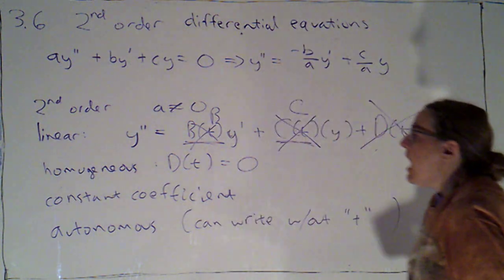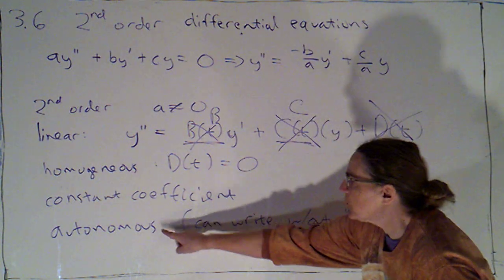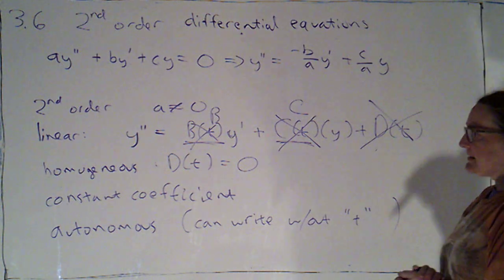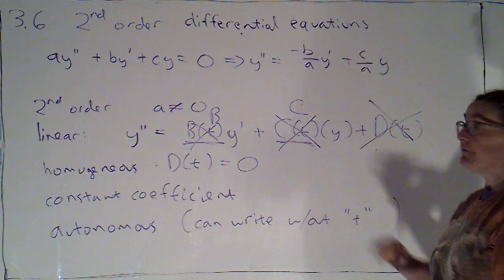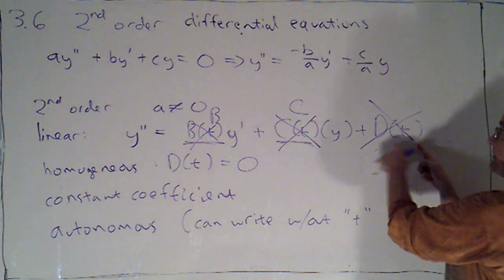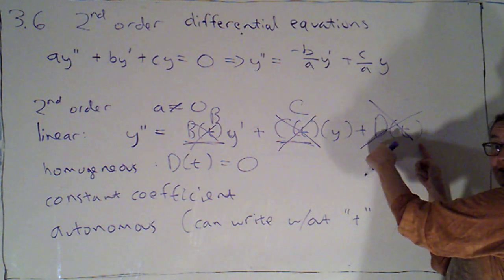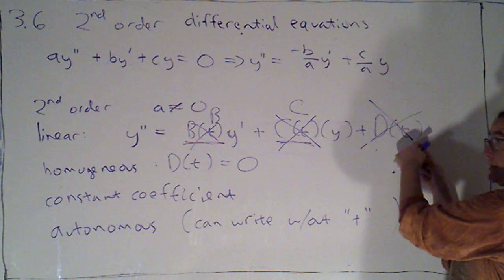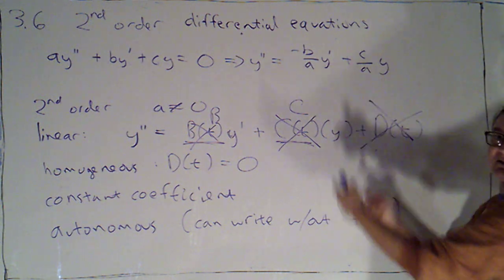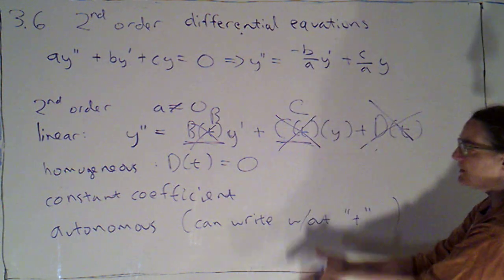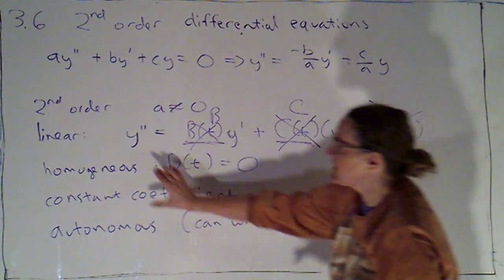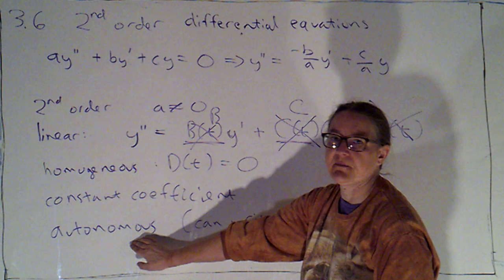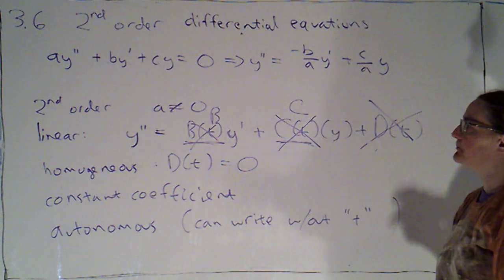Okay. All right, autonomous is a word in and of itself though, because it's possible for something to be autonomous but not homogeneous. For example, if I did have a constant function here, then it wouldn't be homogeneous, but it would still be autonomous. So these vocabulary words are distinct from each other, but once I have the combination of these two, I automatically have that it's autonomous.